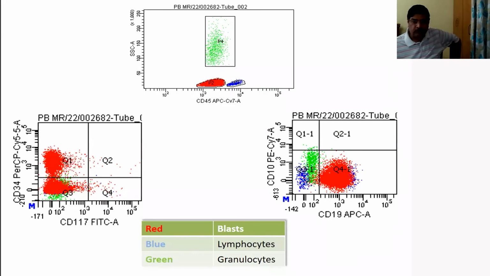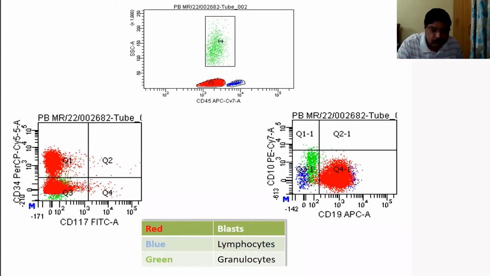So this is the flow cytometry. You can see that the CD45 gated side scatter plot shows a P2 gate, which is red in color, which is the blast population, almost 90% of the cells.